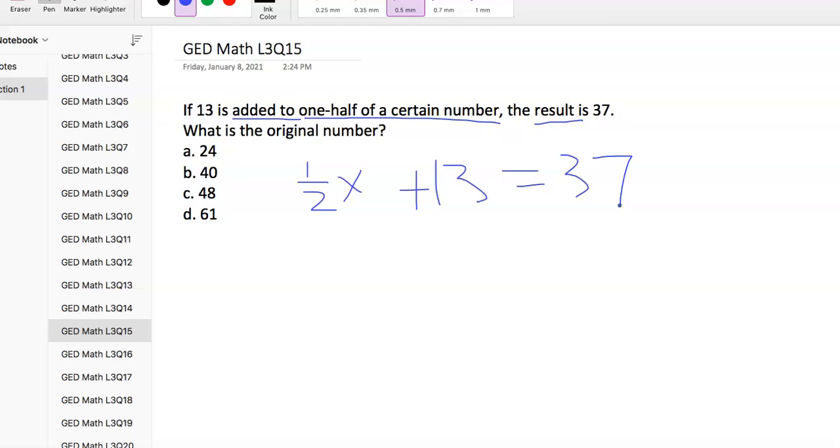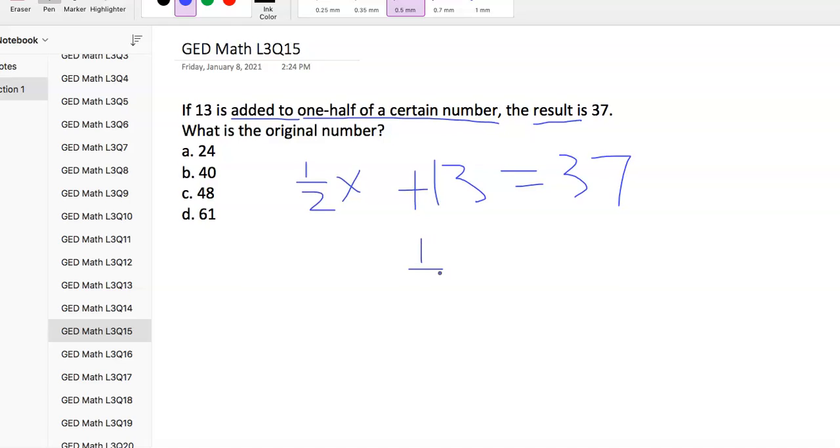Okay, so now we've set up the formula, and now we just need to solve, right? So if I subtract 13 from both sides, then I'll just have this 1/2 X by itself. 37 minus 13 is 24. Okay, and with this 1/2 X, if I multiply it by 2, that'll get rid of it, right?